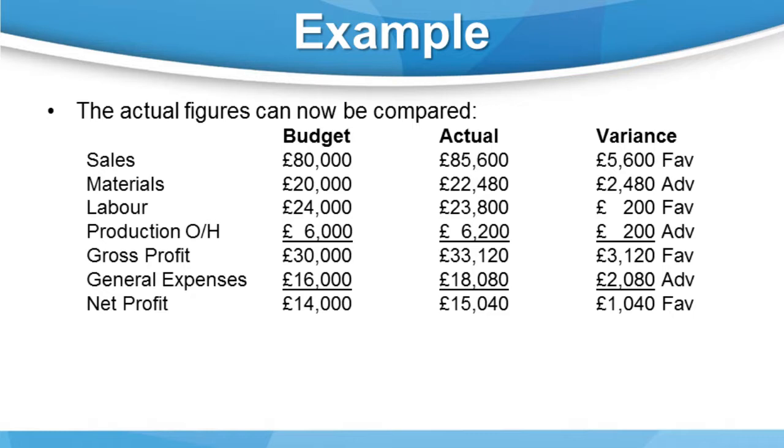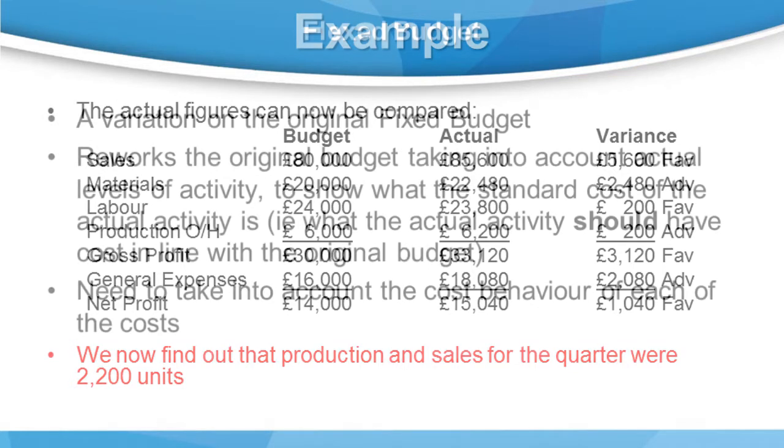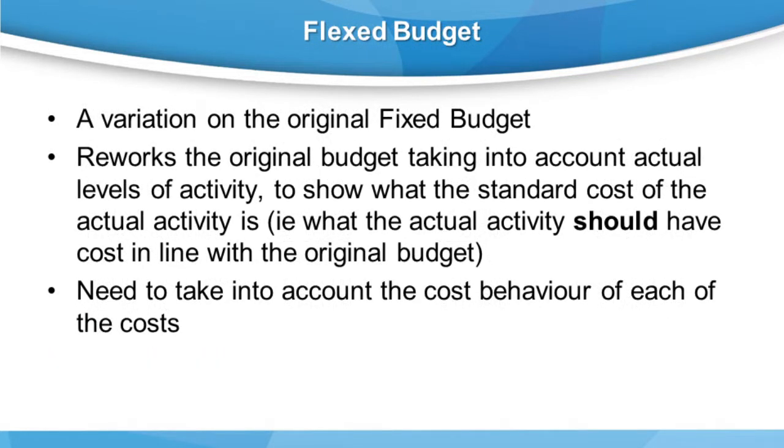However, it's only valid if the actual level of activity was the same as that for which the budget was prepared. So we now find that in actual fact we produced 2,200 units, and remember the budget was based on a production level of 2,000 units. Therefore, to make the comparison valid, we will need to compare like with like.